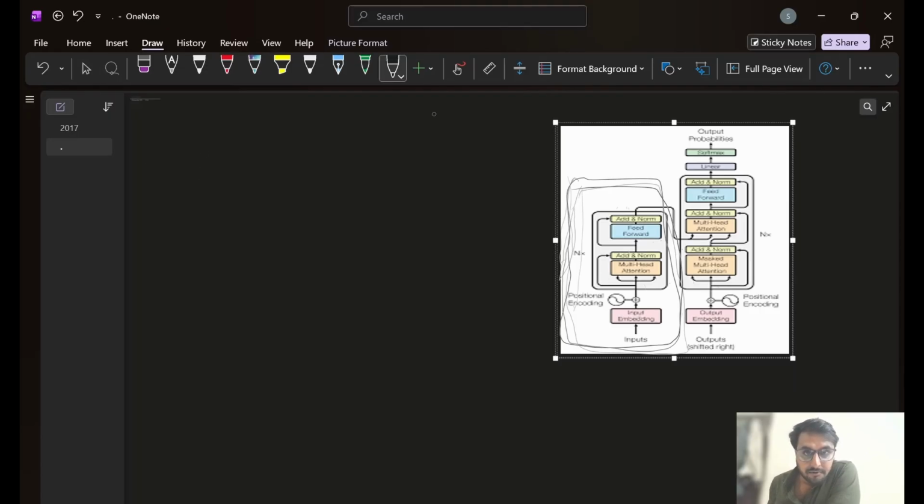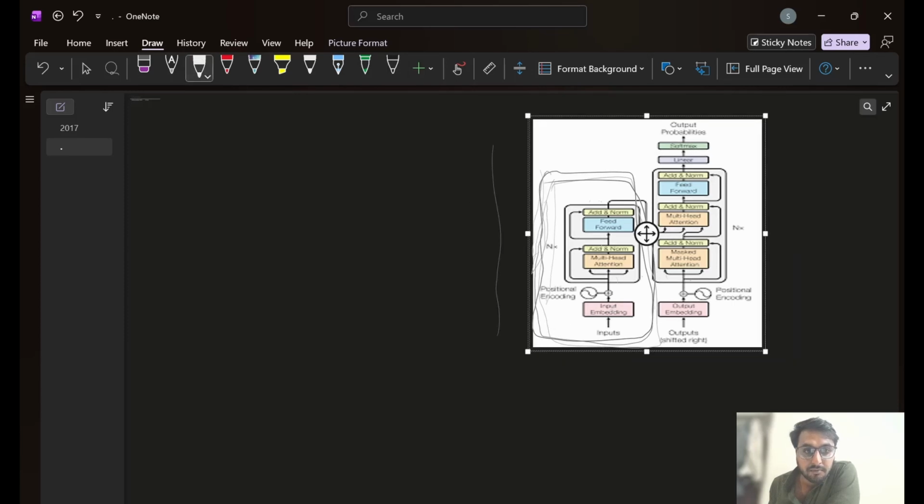We will go from bottom to top, in this way. The very first thing in the encoder part I can see is the input. The second thing I can see is positional encoding.